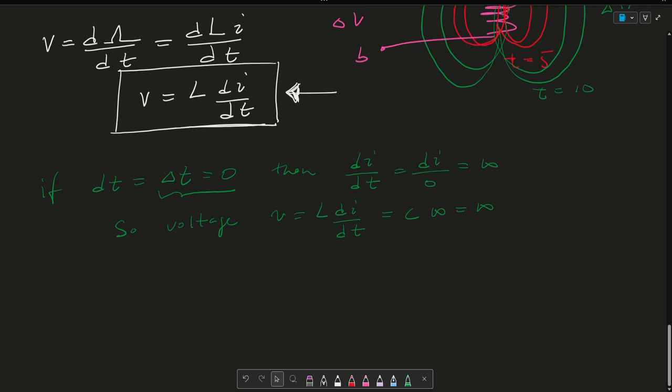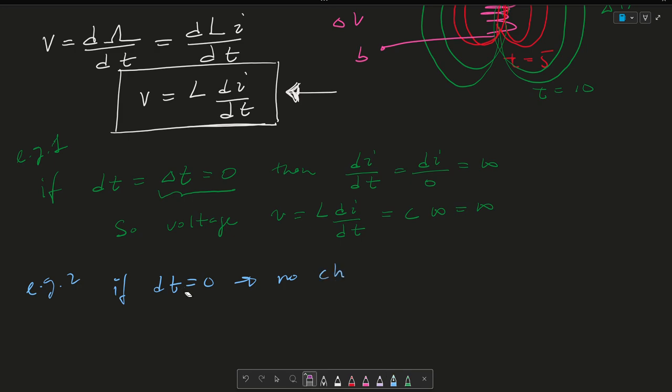Another example, so let me call this example 1. So another example is, consider di equals 0. So that means there's no change in current. So what does this mean? If there's no change in current, we consider this a DC current, right?